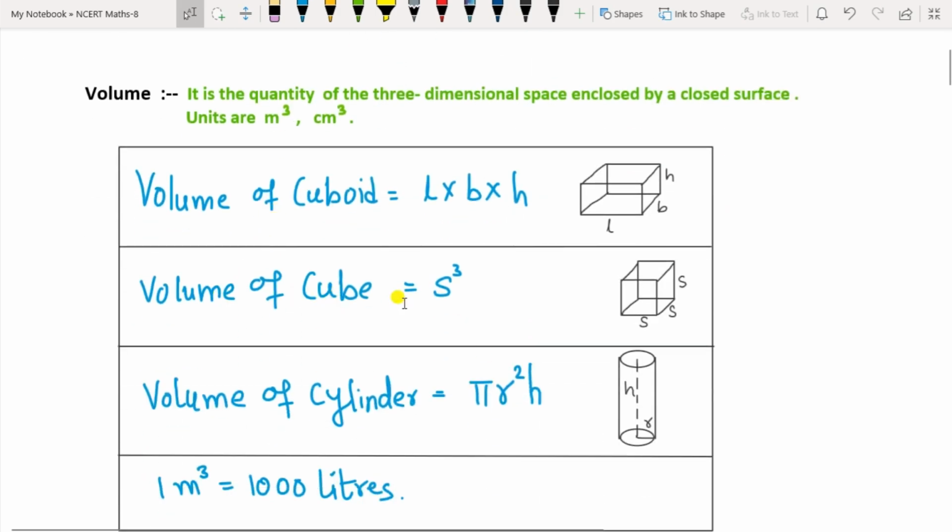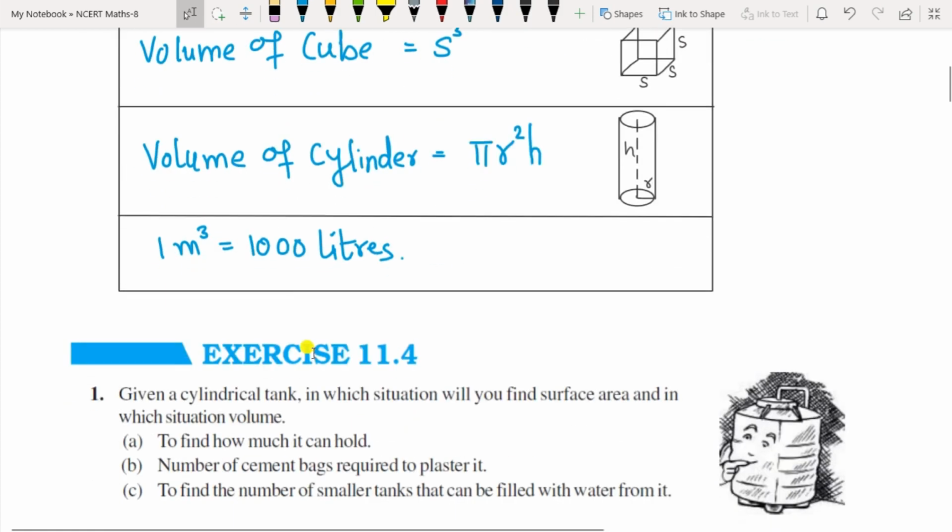Volume of cube equals side cube, as you put S here, because in the cube the length, breadth and height are all of equal length, so that becomes S cube. Then volume of cylinder is equal to pi r square h.